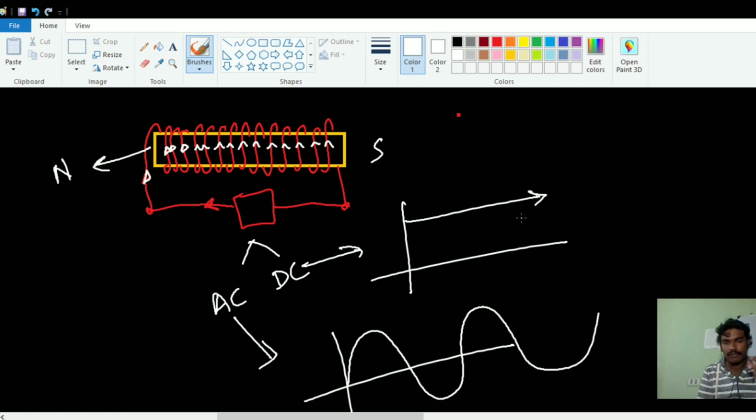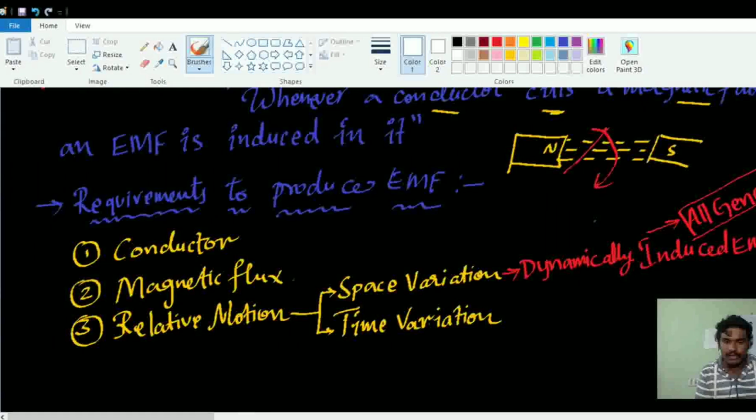So if you produce a flux with an AC source, the flux also varies with respect to time. So in time variation you have an AC source for excitation, whereas in space variation you use DC excitation.